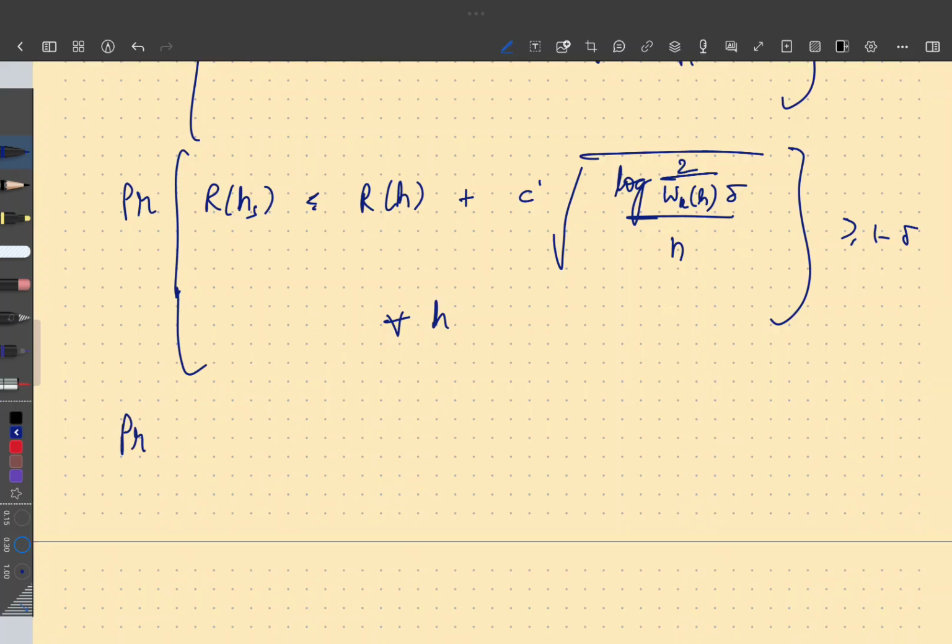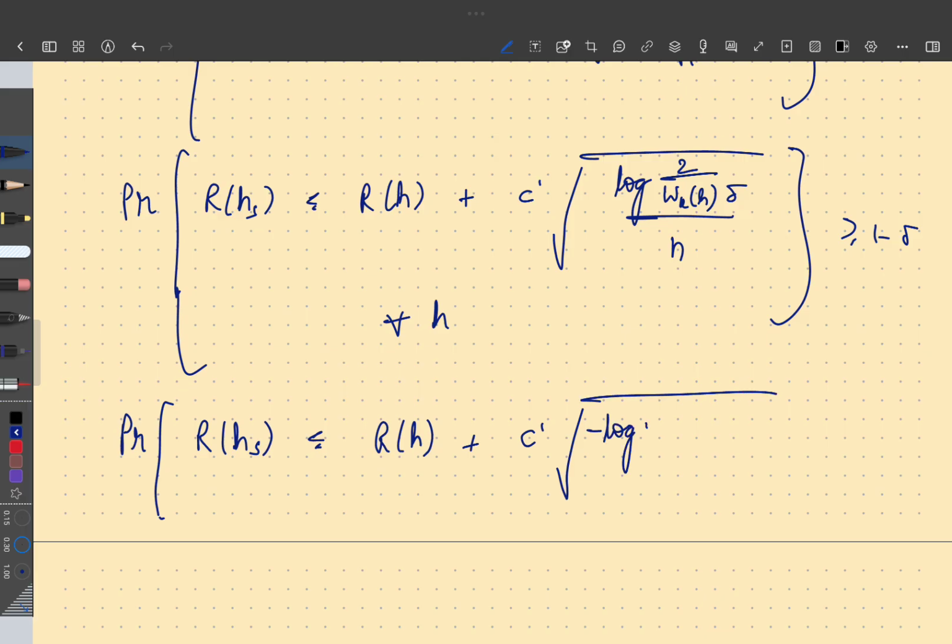Right. I can write this as R of hs is less than or equal to R of h plus a constant times square root of minus log w k of h plus log 2 over delta, divided by n.